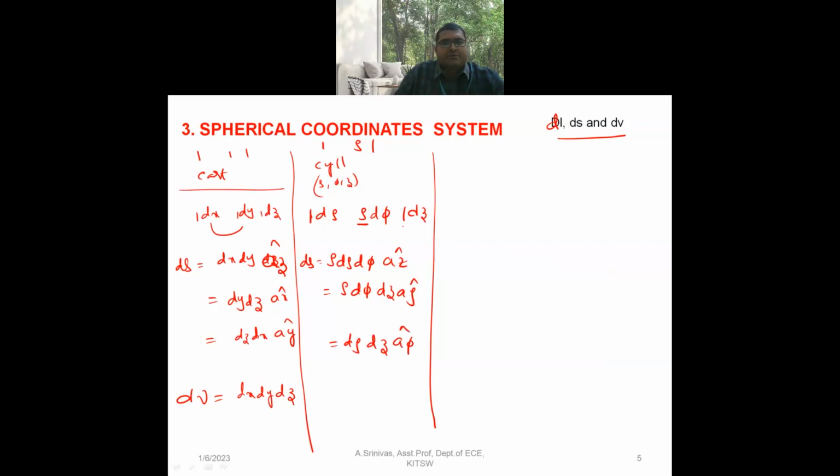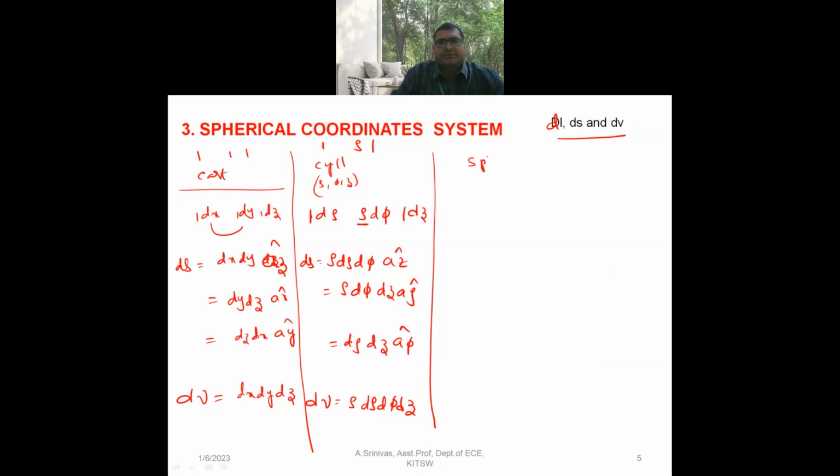The product of two in other direction will give the differential normal surface, and regarding the differential volume it is rho d rho d phi dz.